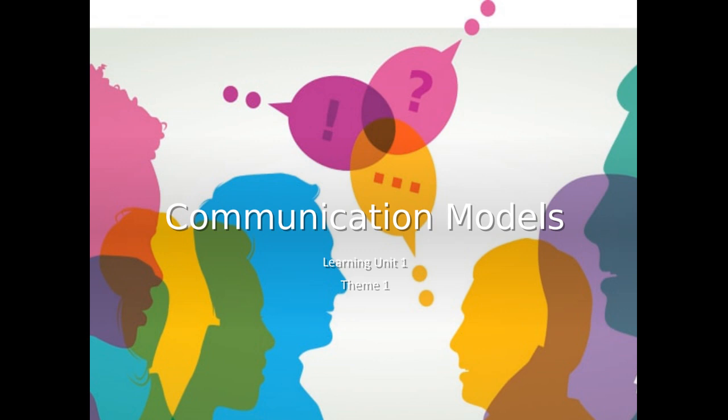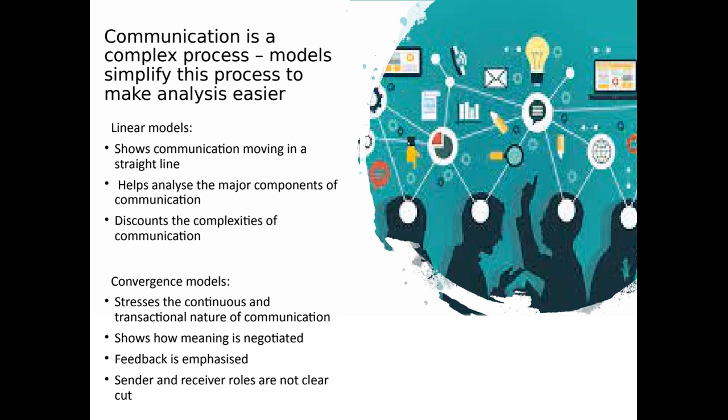Hello. Today we are still doing communication models and we are looking at the second type of communication model, the convergence model. Now, if linear models are a straight line, convergence models can be seen as a circular model, which means there is a back and forth between the sender and receiver.